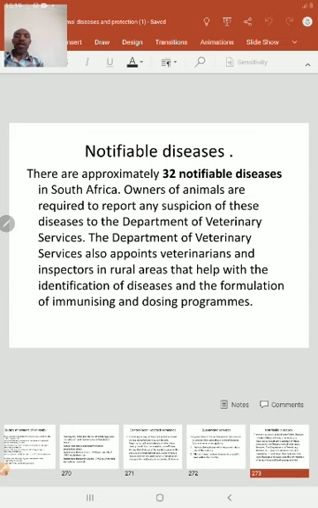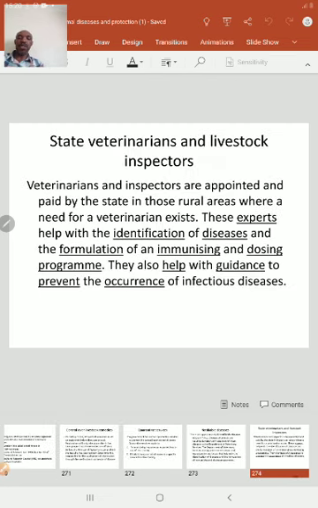Here in South Africa, we have about 32 notifiable diseases. It is also the responsibility of the state that once a disease is discovered, the state needs to be notified, and the owners of animals need to report any suspicion of a disease.